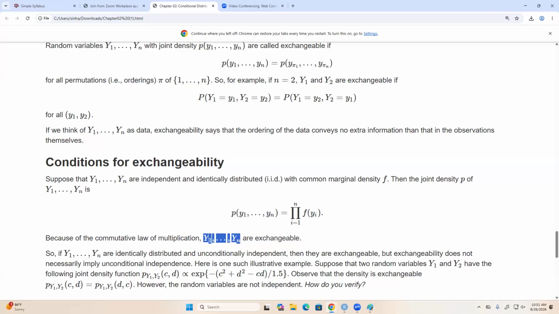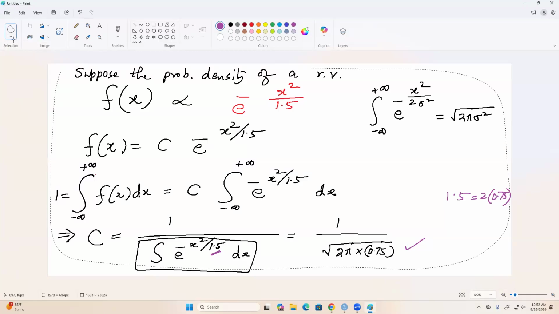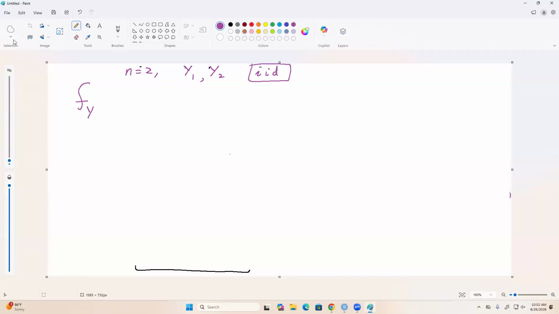Let me show you this one. Suppose I consider n equal to 2. I have two random variables, y1, y2, and they are IID, independent and identically distributed. Question is, if that is the case, are they exchangeable?